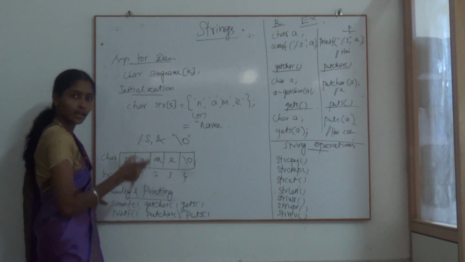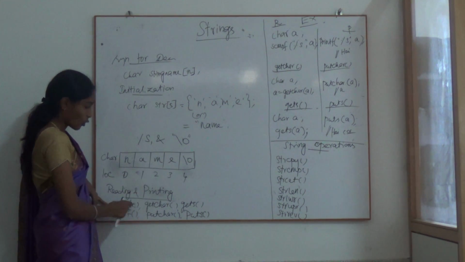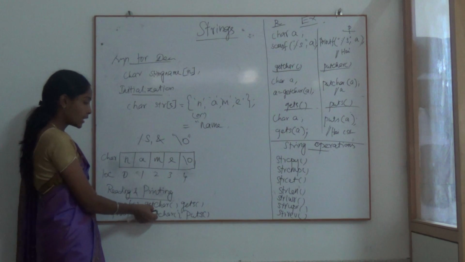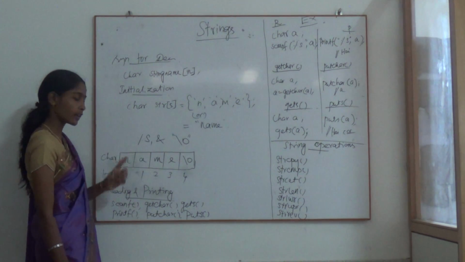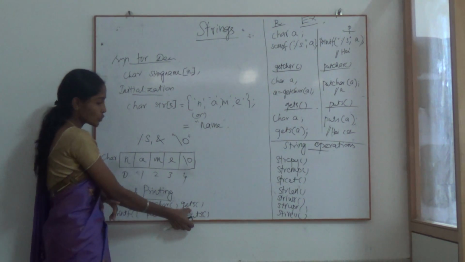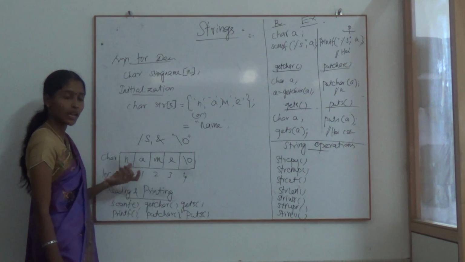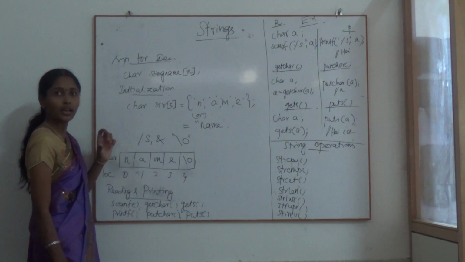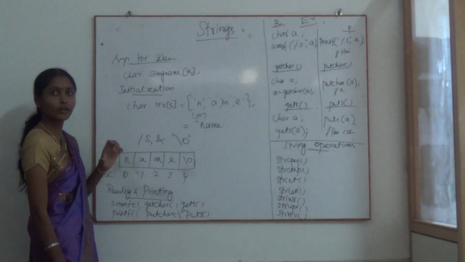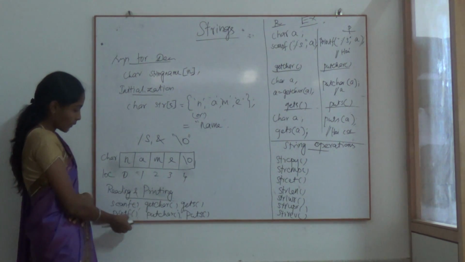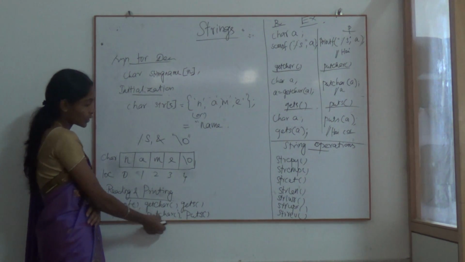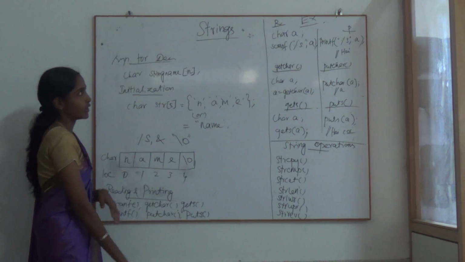Scanf reads a single word. Getchar is used to read only a single character, any alphanumeric character. Gets is used for reading any alphanumeric characters, and it also reads a set of strings or continuous words. For that we use gets. In the same way, printf, putchar, and puts are used respectively.